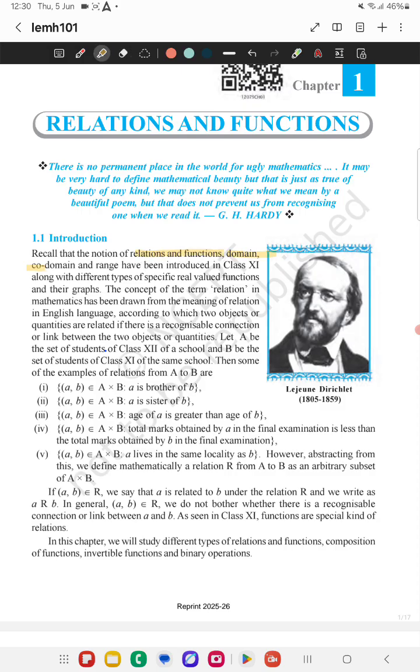domain, codomain and range that you have done in class 11th, along with different types of specific real valued functions and their graphs.